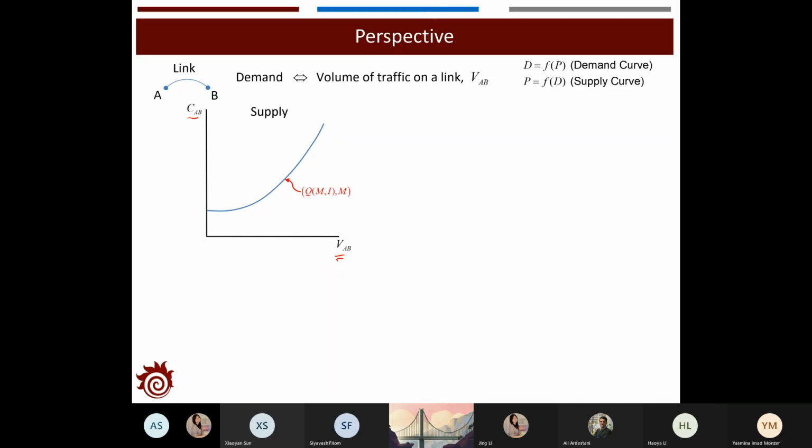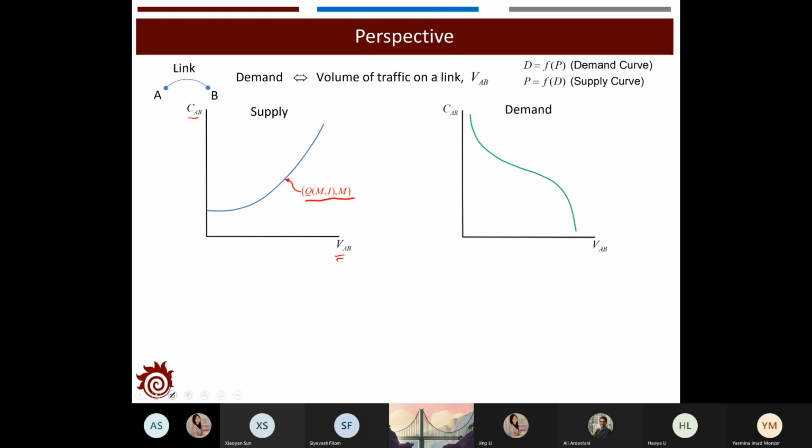For the supply curve, it shows the cost determined as the value of the flow. And from our very first lecture, we can identify that the shape of this curve, the supply function, is determined by the management strategies and also the investment from the government.